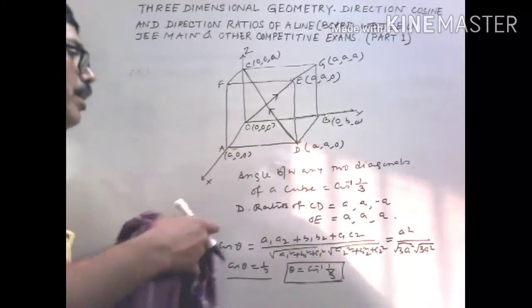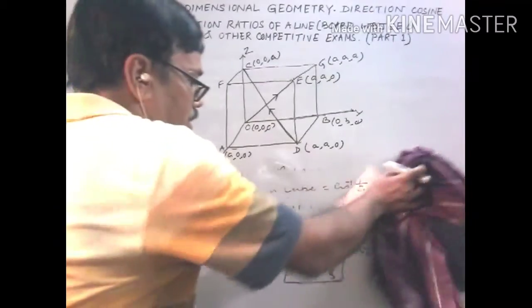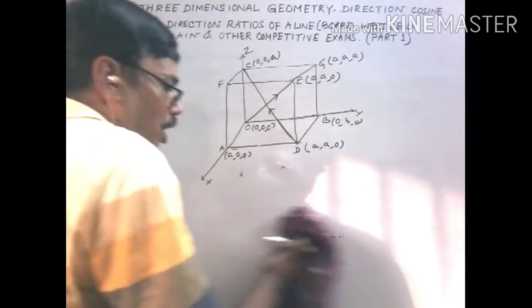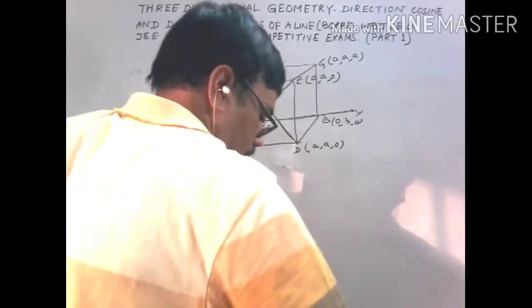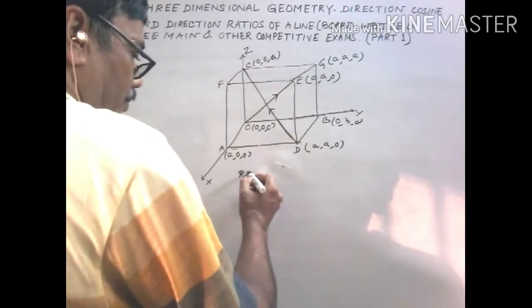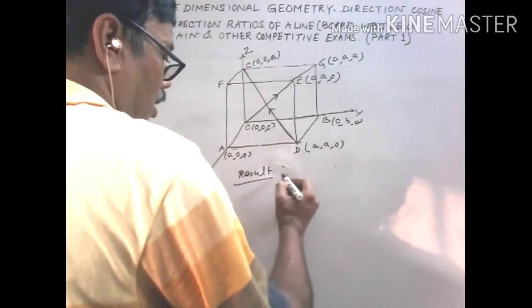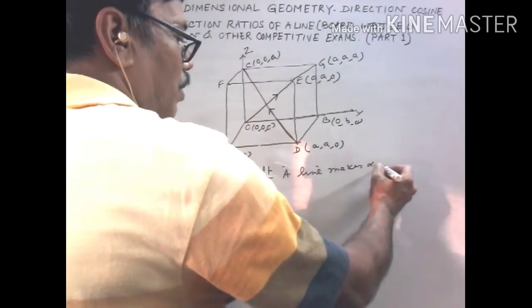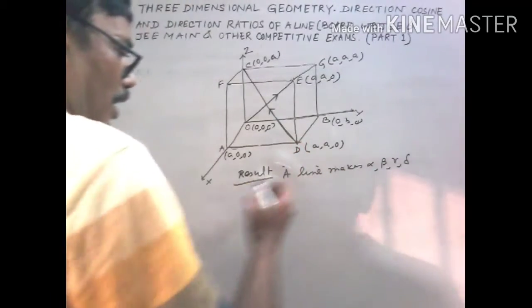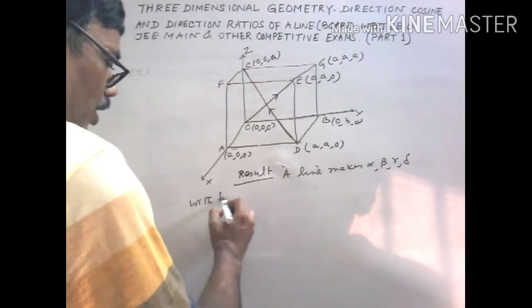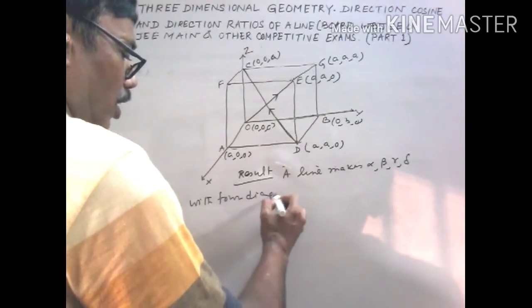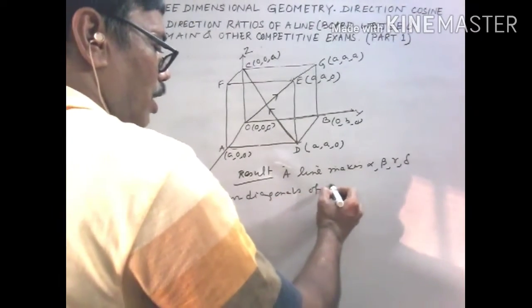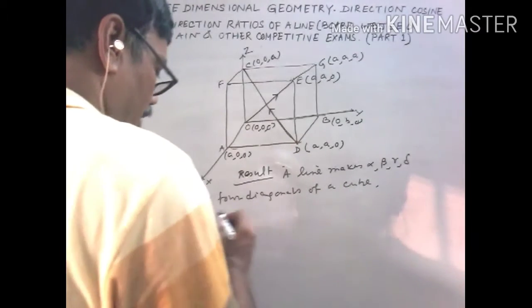Next result, we are not proving it. So look, this is a diagonal. So how many diagonals? 4 diagonals. So the result: a line makes angles alpha, beta, gamma, delta with the 4 diagonals of a cube.